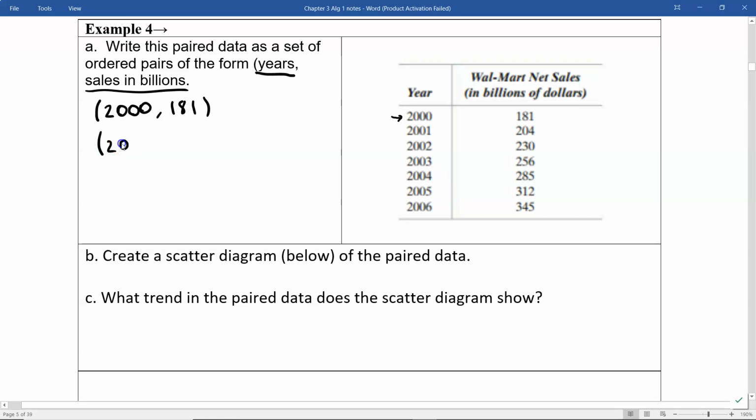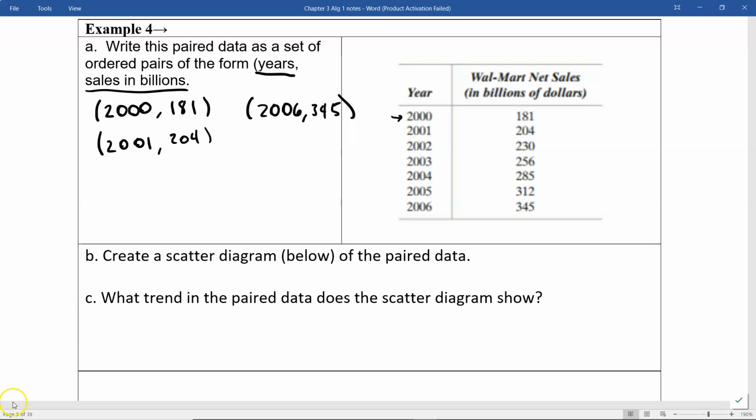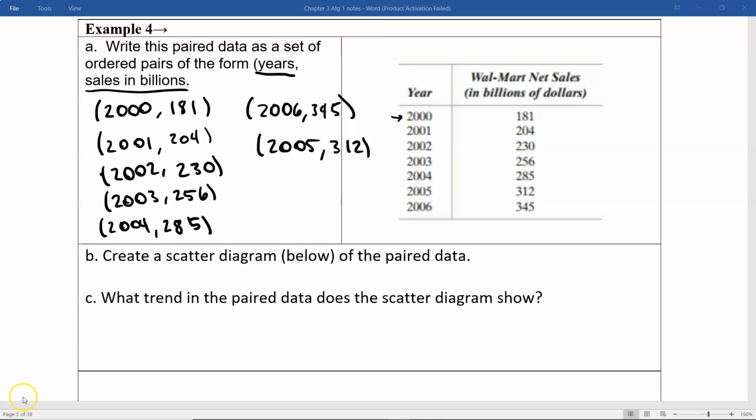Another one is going to be 2001 and 204. We're also going to have one that's 2006, 345. So go ahead, fill the rest of this out, pause the video, and do that, and I'll show you what the final solution should be.